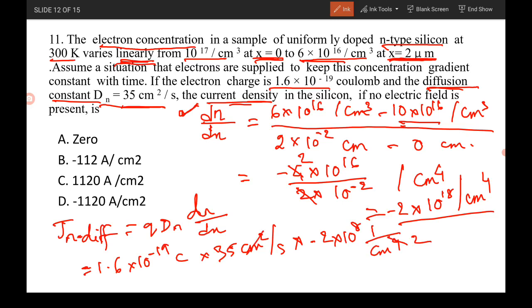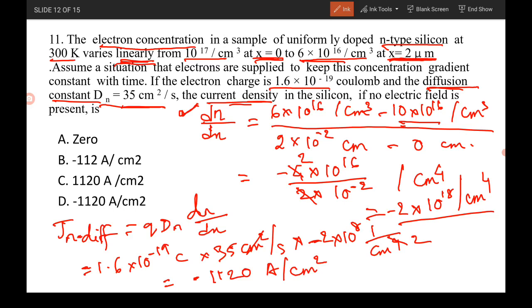So if you simplify it, we will get the answer in minus. Here you will be getting minus 1120 amperes per centimeter square.